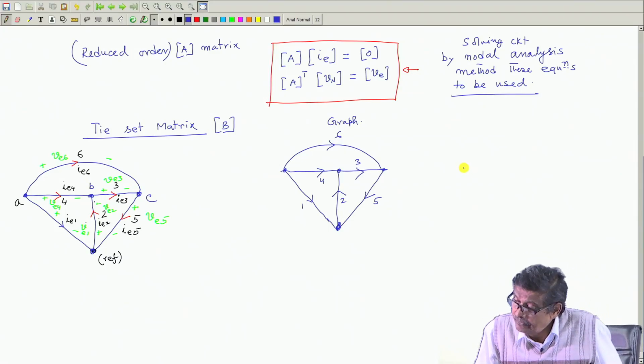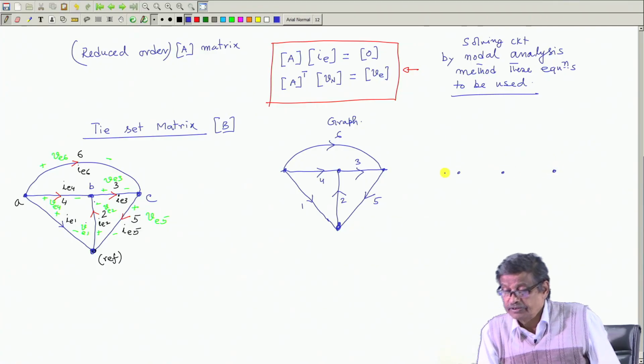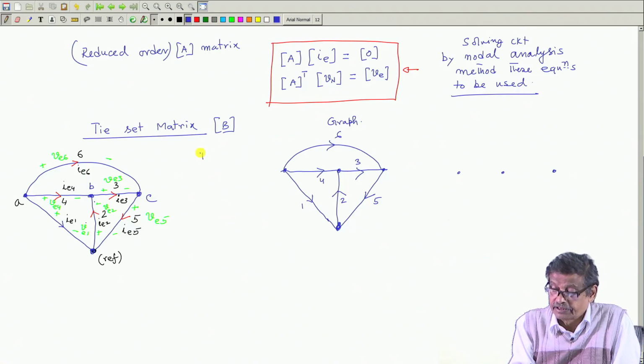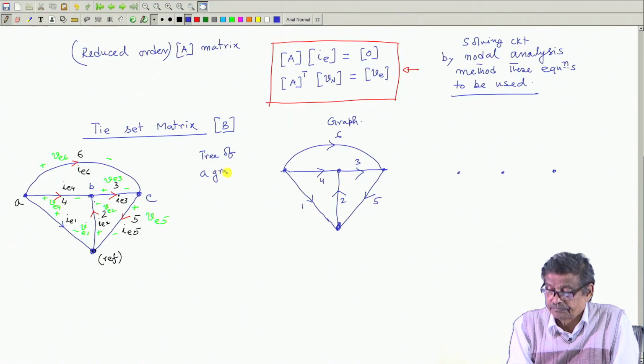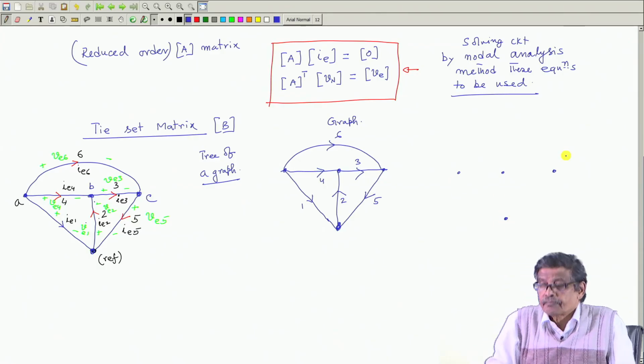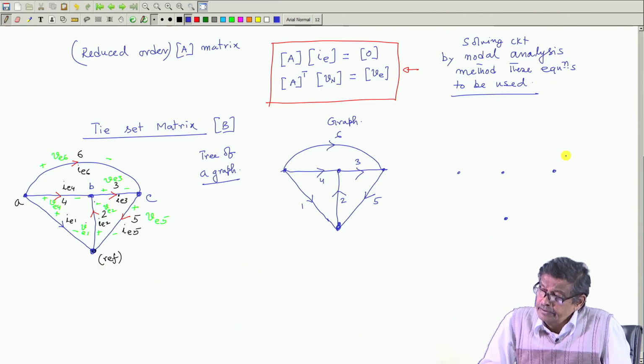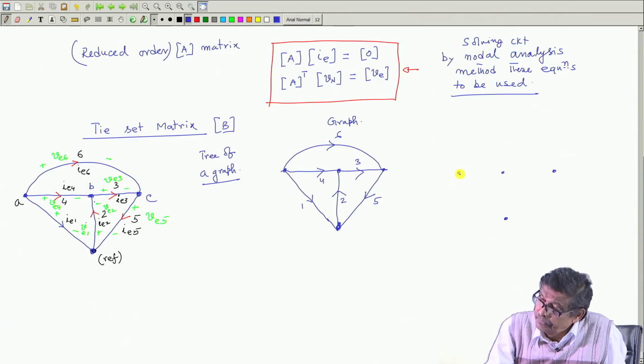Now, note what a tree of this graph is. Tree of a graph we are discussing now. First draw the nodes like this, then connect the nodes suppose like this.